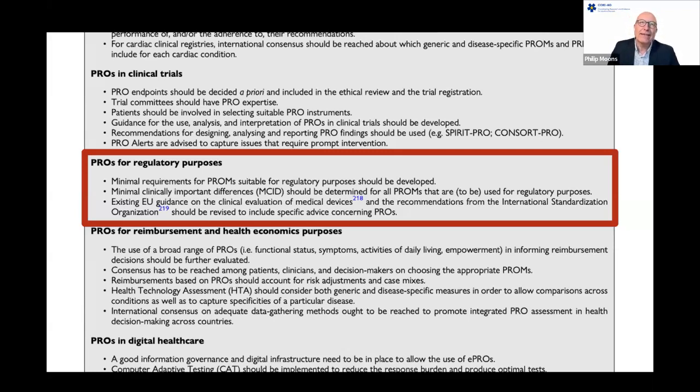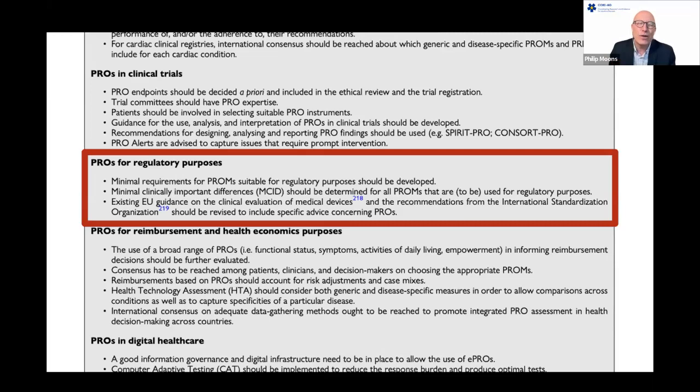When you look at the minimal clinically important difference in most studies, and I have to plead guilty, I did this as well, most of the time a distribution-based method is used. You look at how many standard deviations of a difference play a role. Actually, when you listen to patients, then you get the real answer on what is clinically important. It's not because of a 2 standard deviations difference that this also means that for a patient, this is enough of a change to have an implantation of a certain device.